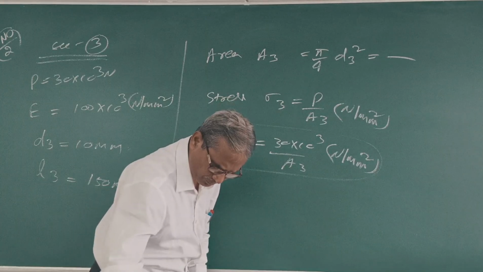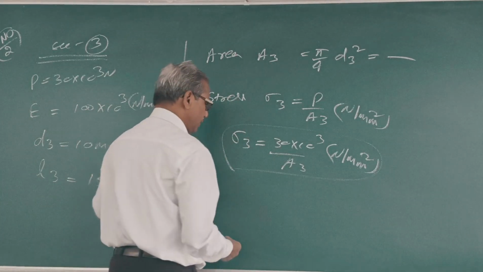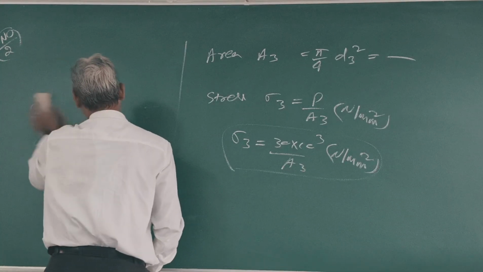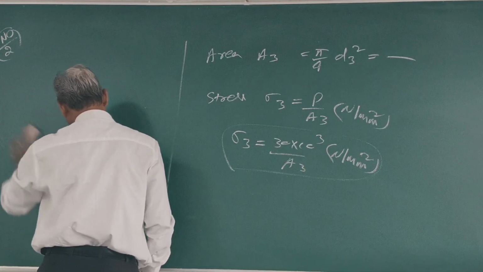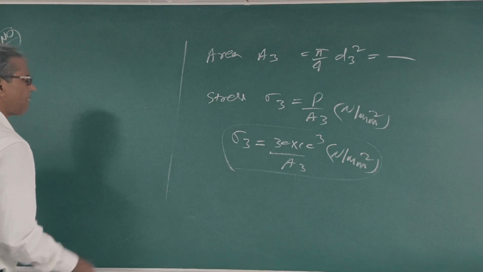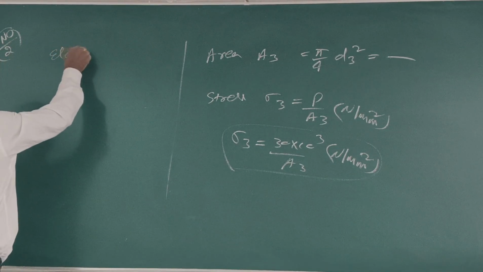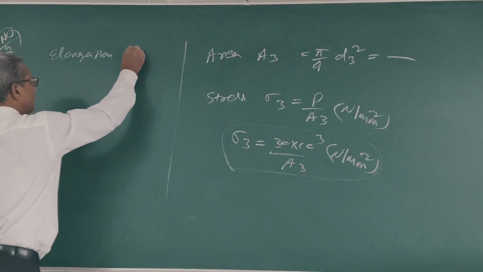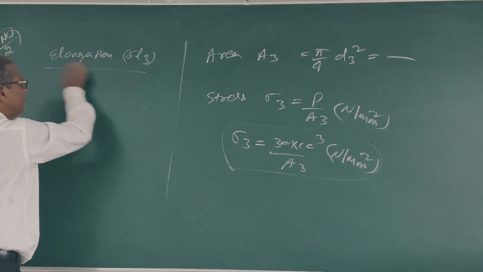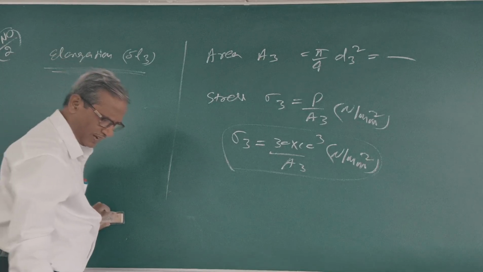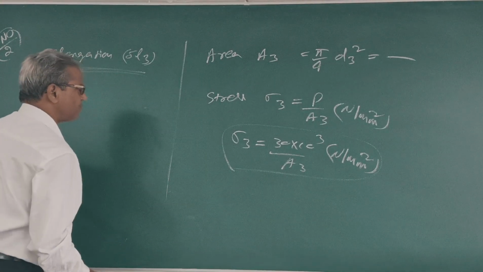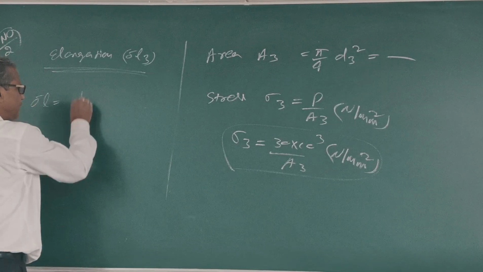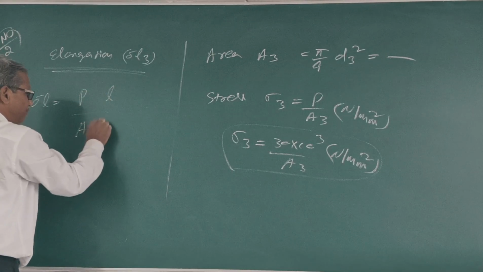Next, elongation. Delta L3. What is delta L3? Delta L is equal to PL by AE.